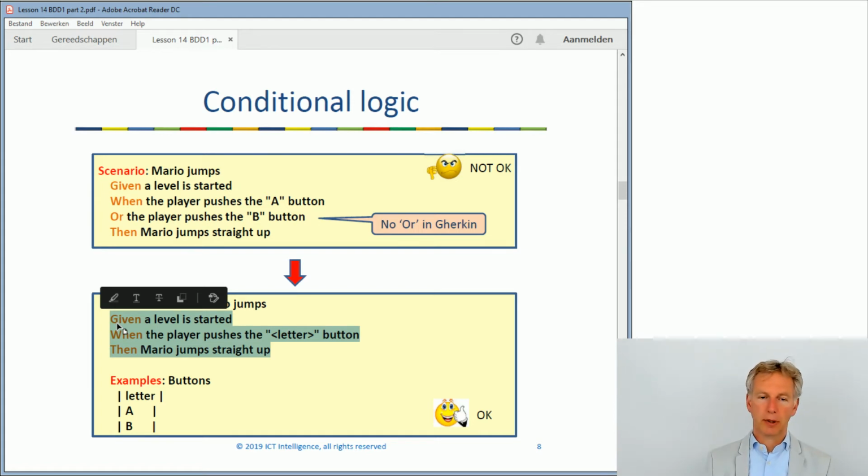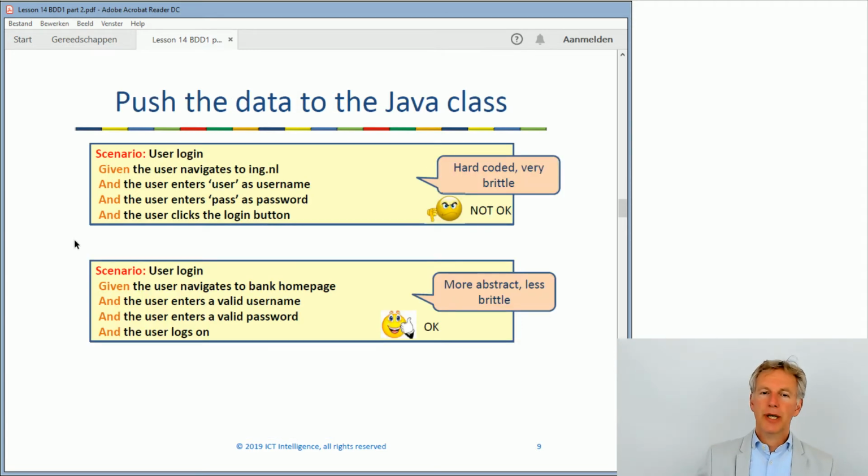There will be an example of this, pushing the data into the Java classes, the steps. So here, the scenario is user login. Given, and there's an action, basically it should be the user is at this URL, ing.nl, that's a Dutch bank, and the user enters user as username and enters pass as password, and the user clicks the login button.